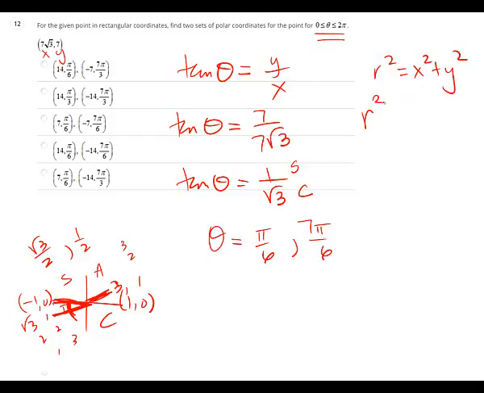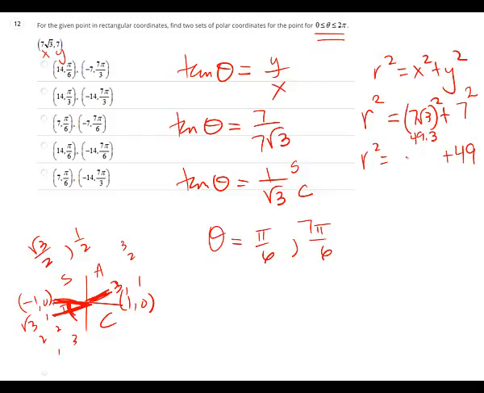Alright, so r squared equals, what's my x value? 7 square root of 3 squared, and then what's the y value? 7 squared. So when I square this, I get 49 times 3. What's 49 times 3?